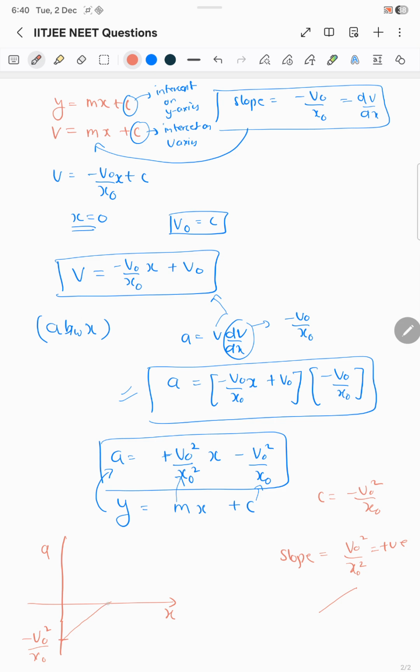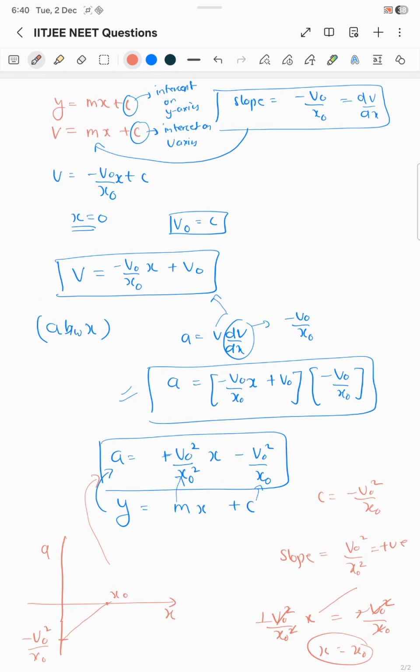You can also find where it touches the x-axis. If you put a equal to 0 in this equation, what will you get? a equal to 0 means v naught square by x naught square times x equals v naught square by x naught. So one x naught gets cancelled, and x equals x naught. So this will be x naught.